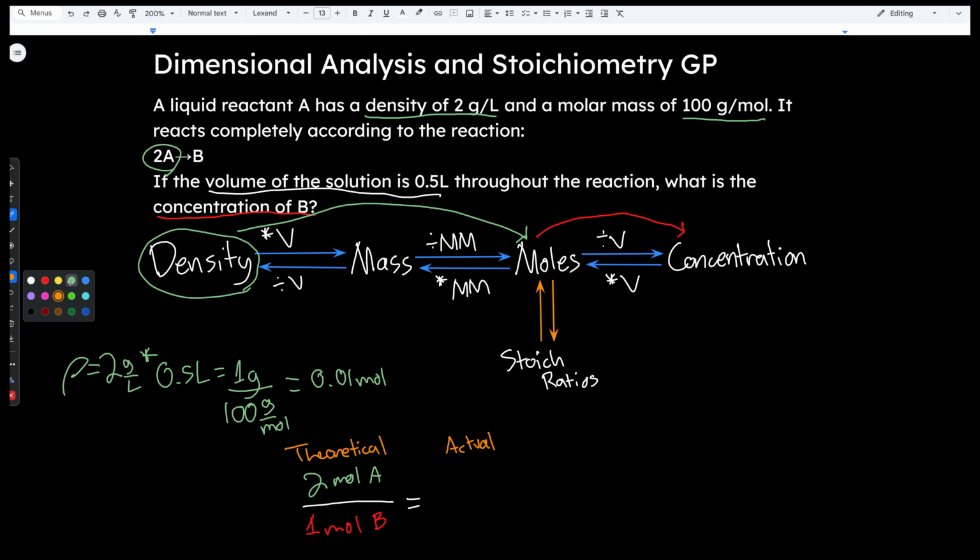We actually have 0.01 moles of A, and we're trying to solve for X moles of B.